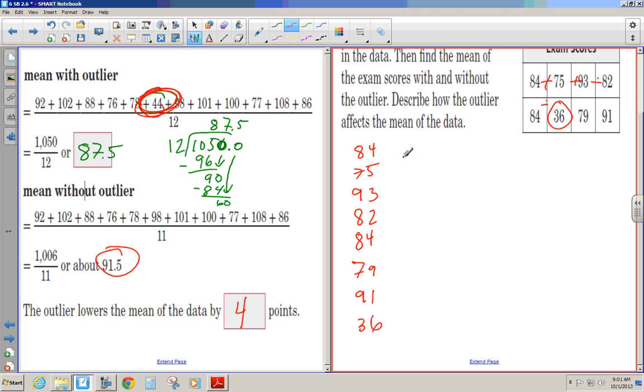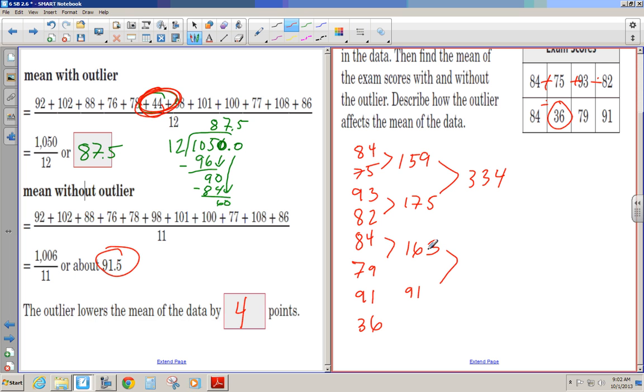So, add up all these numbers. 84 and 75, that's 159. That's 175. That's 163. And I'm going to do the outlier last. So 159 and 175, when you add those together, it's 334.